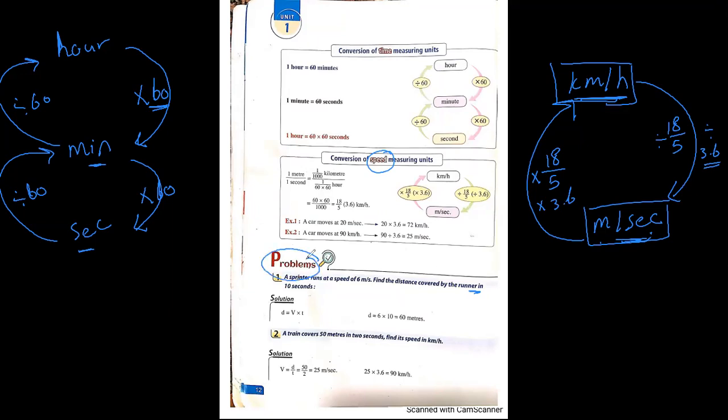يلا نحل البروبلم اللي عندنا. اوكي مين يحل معايا؟ سارة سامعاني يا سارة؟ يلا يا سارة.